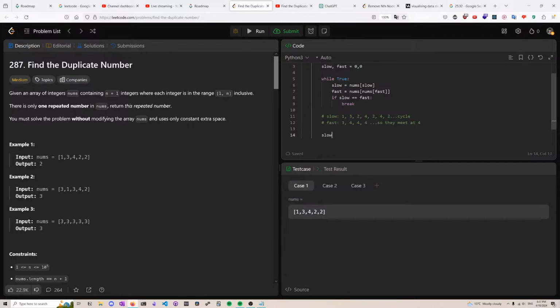Slow 2, and then we repeat it again. Slow 2 equals nums of slow 2. Slow equals nums of slow.